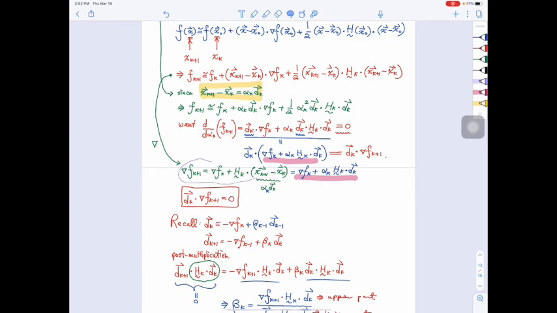Just directly plug in, dot product with gradient f. So this equals plus gradient f_k dot gradient f_k minus beta_{k-1} d_{k-1} dot gradient f_k. Okay, what is this? This is 0 again.